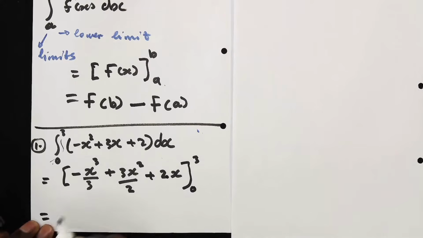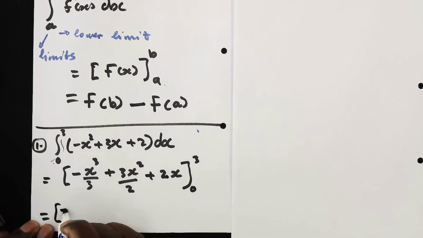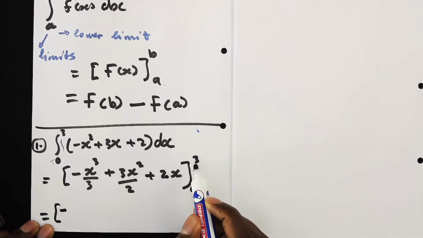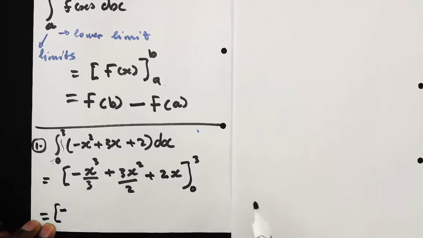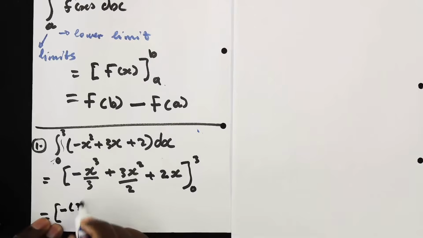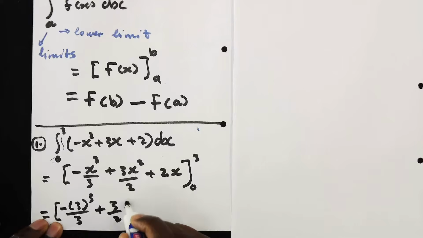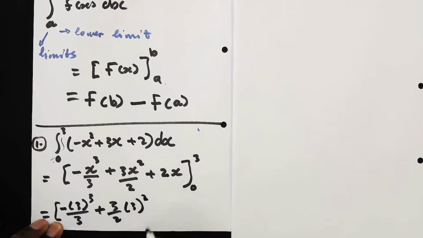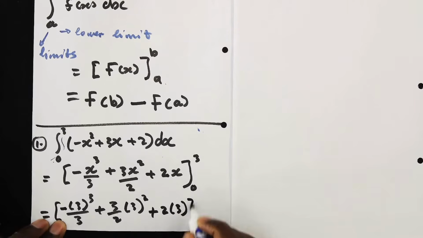The rule says that we need to substitute from the upper limit. Therefore, the upper limit is 3. So we start by substituting 3 and we subtract the substitution of the lower limit. So we'll have 3 to the power of 3 all divided by 3, plus 3 divided by 2 into 3 squared, plus 2 into 3, close the bracket.